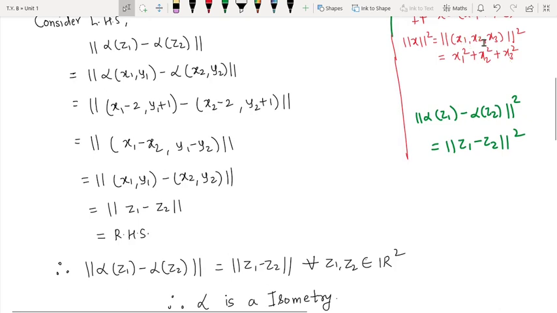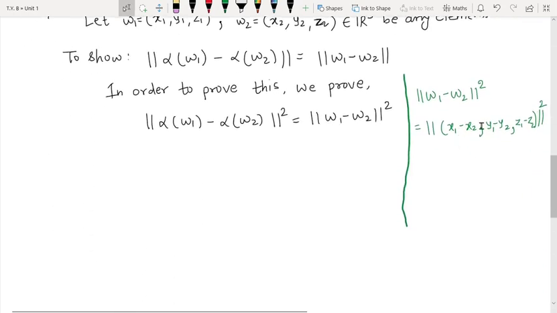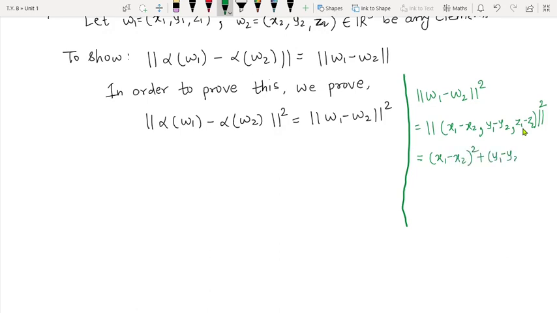So see each and every component, we take a square and we are going to add them, right? So same thing. So what are the components over here? x1 minus x2, y1 minus y2 and z1 minus z2. So this is nothing but x1 minus x2 square plus y1 minus y2 square plus z1 minus z2 square.